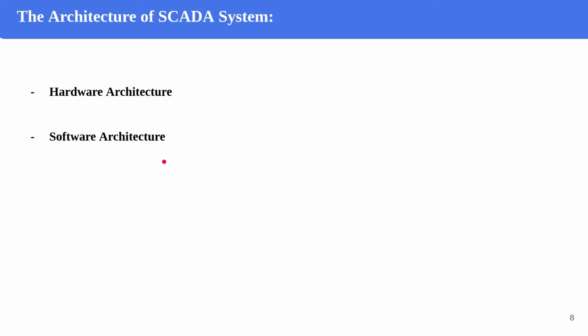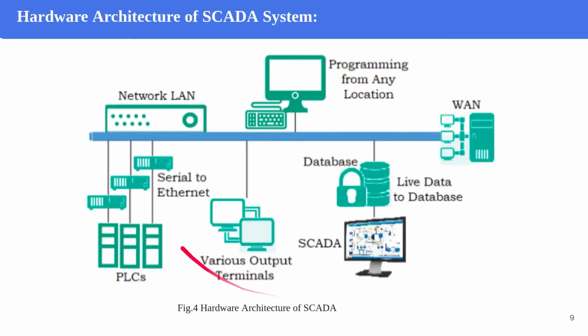We can classify the architecture of a SCADA system into hardware architecture and software architecture. The hardware architecture can be classified into two parts: the client layer and the data server layer. The client layer caters to man-machine interaction, and the data server layer manages most of the data activities.